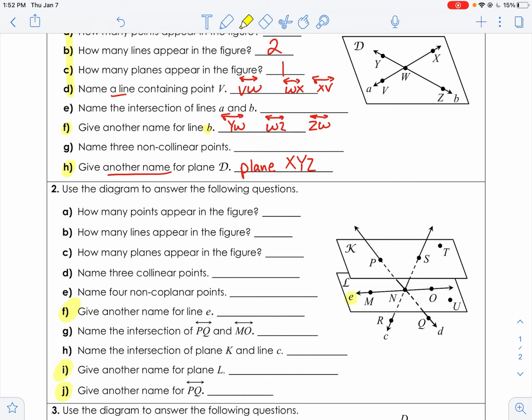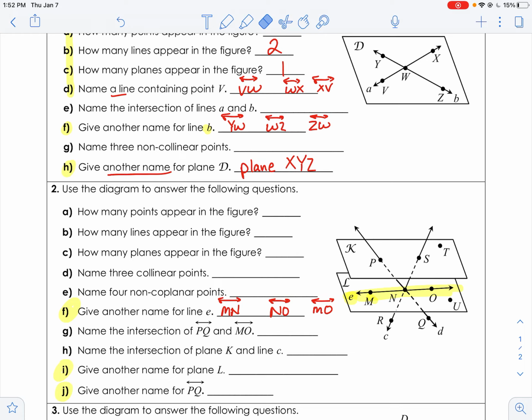Here it is. So that's the line next to E. Line, I need 2 capital letters, 2 points. So MN would work, or NO, or MO, or you could switch the order and say OM, ON, NM. That would work.